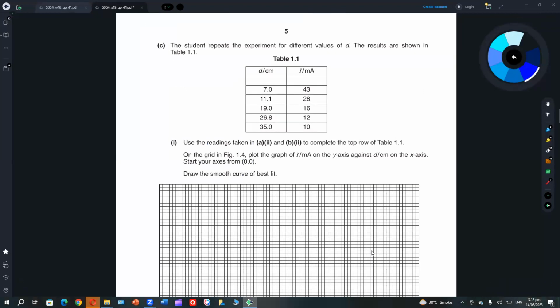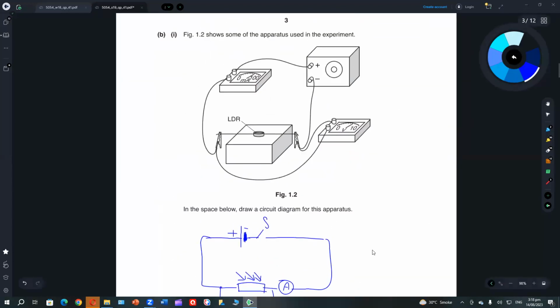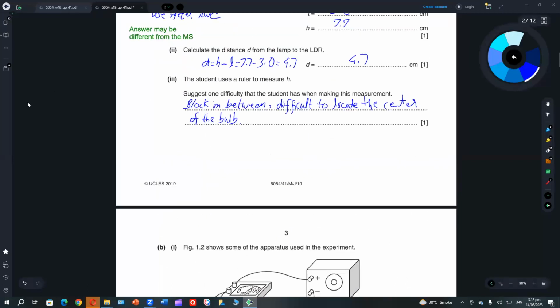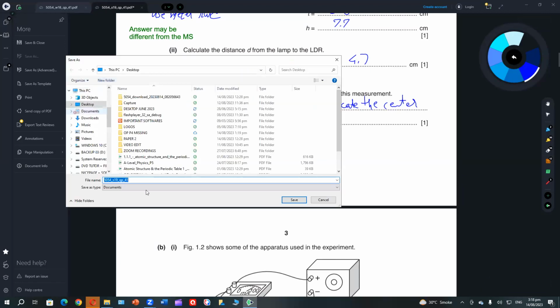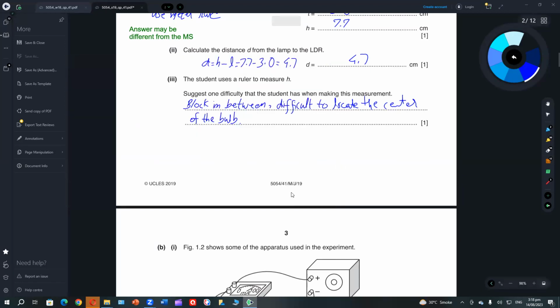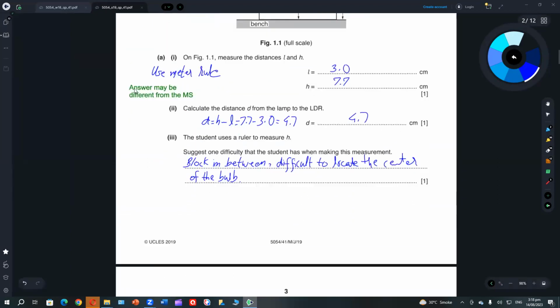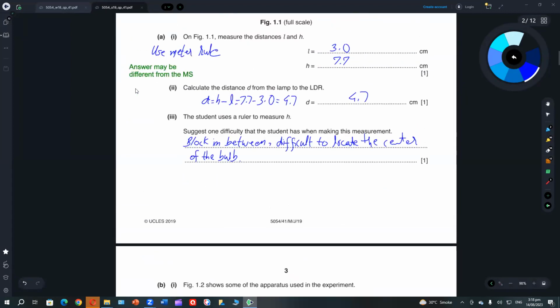The student repeats the experiment for different values of D. The results are shown in the table. D part 2 is 4.7 centimeter.